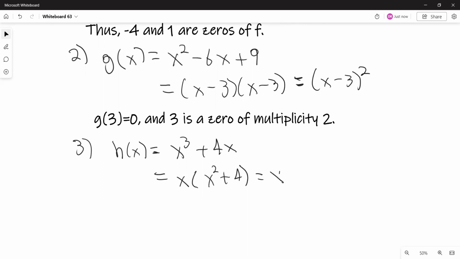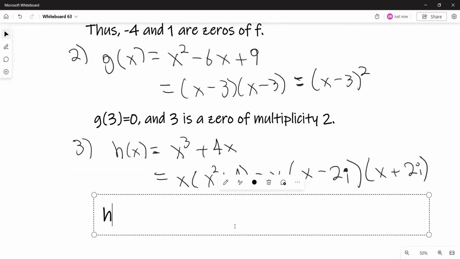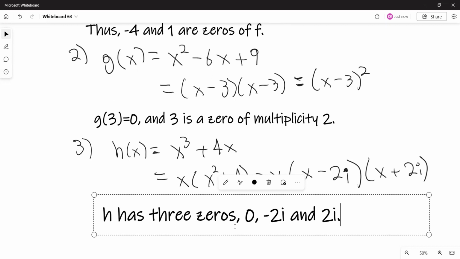That's going to be x times x minus 2i times x plus 2i. So h has 3 zeros. 1 real, and the other 2 are complex. The zeros are 0, the opposite of 2i, and 2i.